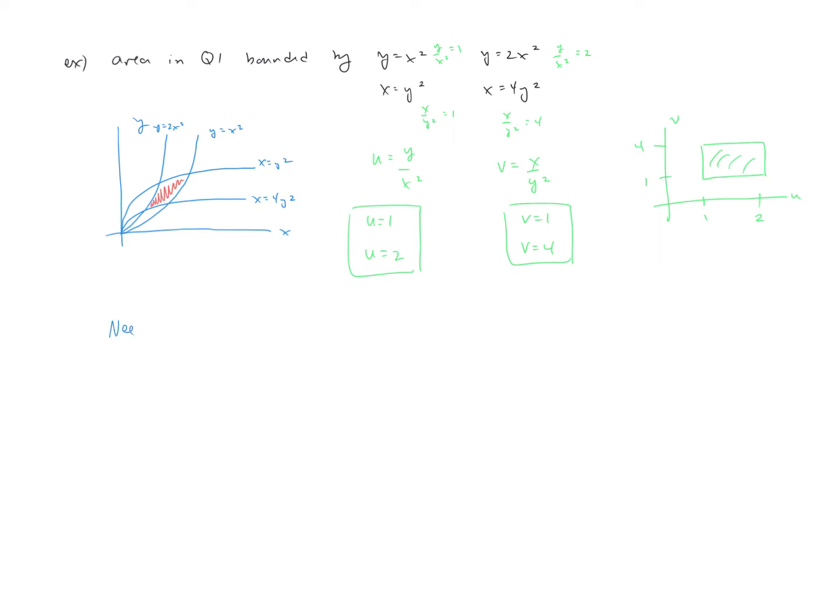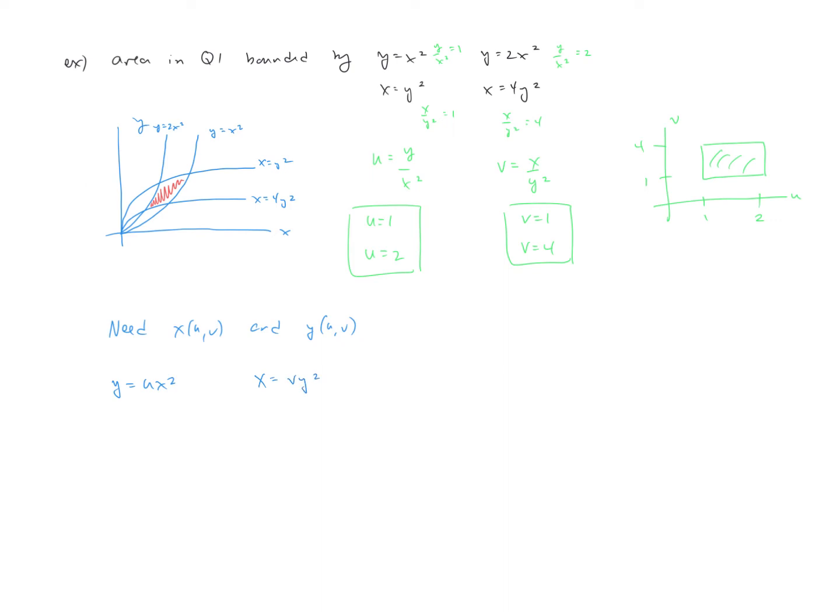Now, the next thing we're going to need is x of u and v, and y of u and v. Maybe I'll write it here so you can see it better. I'm going to need my functions now with respect to u's and v's. If I take a look at the two things that I started with, you'll see pretty easily that y equals ux squared, and from that second one, x equals vy squared.